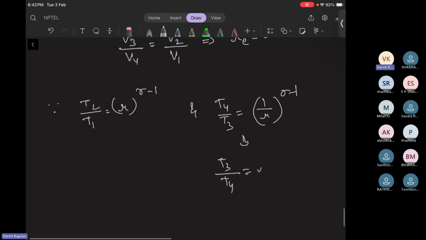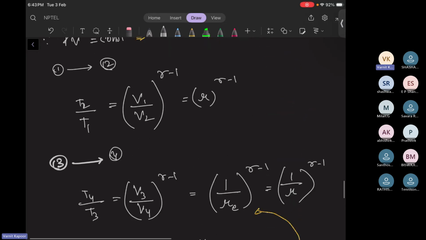T3 by T4 is R to the power of gamma minus 1. Yes, we have just taken the reverse. So T3 by T4 is equal to T2 by T1. So this implies T2 by T1 is equal to T3 by T4.